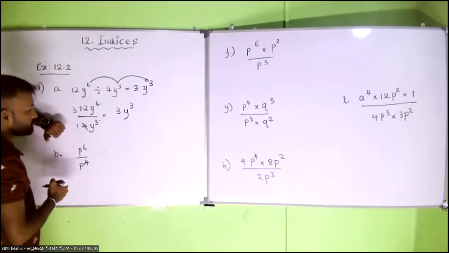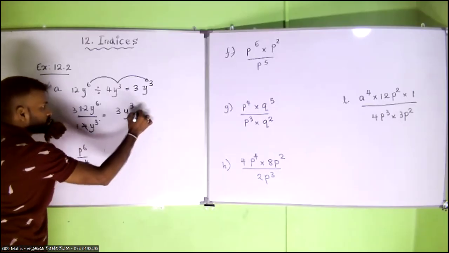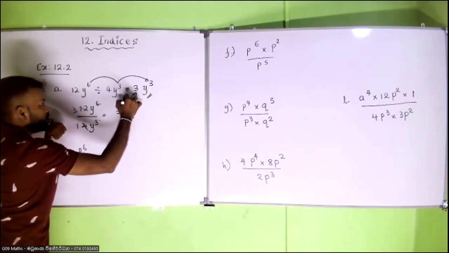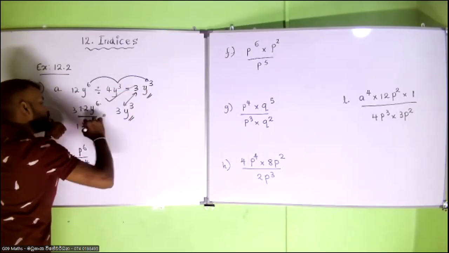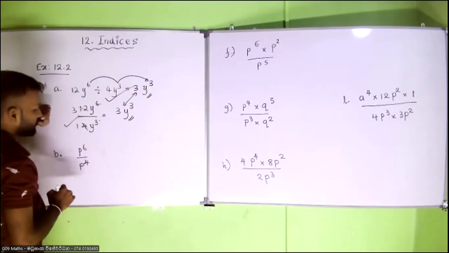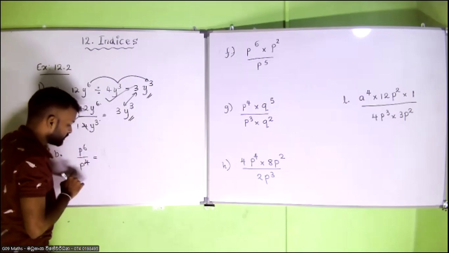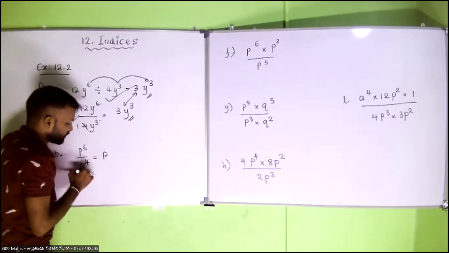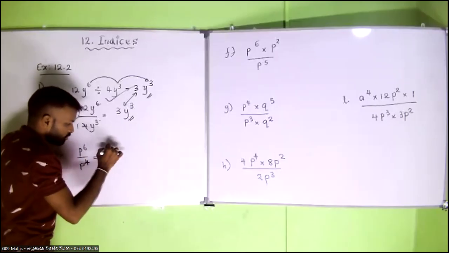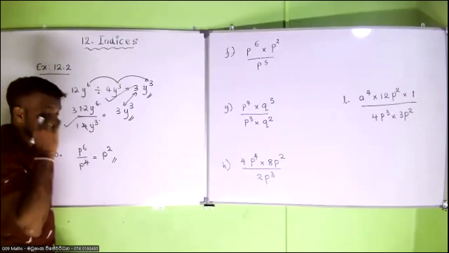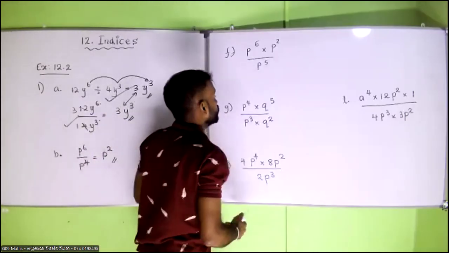Correct? Done. Both answers are the same. Either you can use this way or this way. Doesn't matter. Very simple. P to the power 6 divided by P to the power 4, P to the power 6 minus 4, 2. Very easy. You can think it and do.